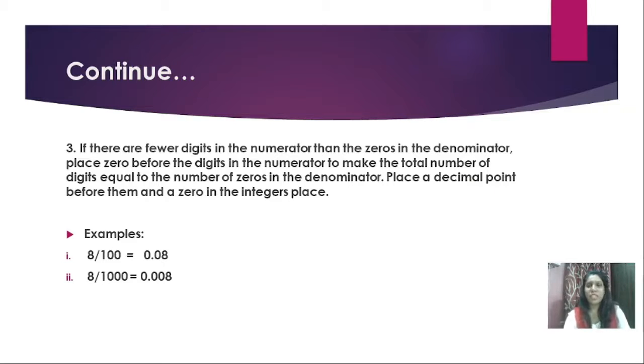So these are the 3 statements and you need to understand these 3 statements: how you place the decimal point if there are more digits in the numerator, if there are the same number of digits in the numerator and the denominator, and if there are fewer digits in the numerator and more zeros in the denominator, correct? And this is how you place the decimal point.